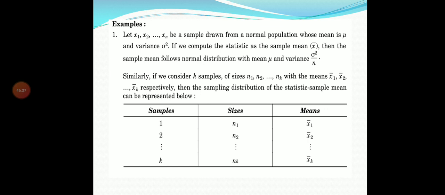Samples 1, 2 and so on k, sizes n1, n2 and so on nk, means: for the first sample of size n1 the mean is x bar 1, for the second sample of size n2 the mean is x bar 2, for the kth sample of size nk the mean is x bar k. This distribution is known as the sampling distribution. The sampling distribution is nothing but the arrangement of all statistics for all possible samples, for example here k possible samples.